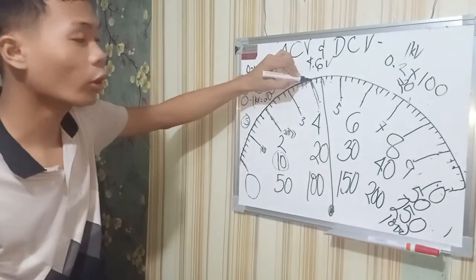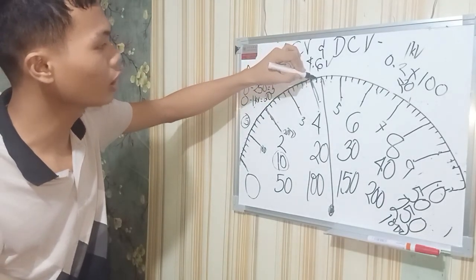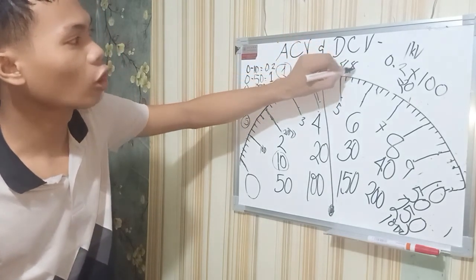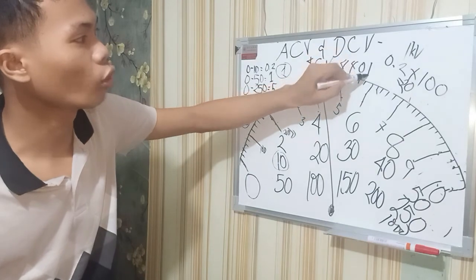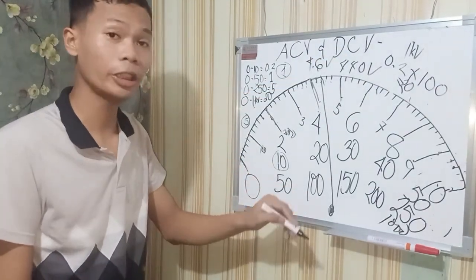This is 400, then 20, 40. That is 440 volt. I hope you learned.